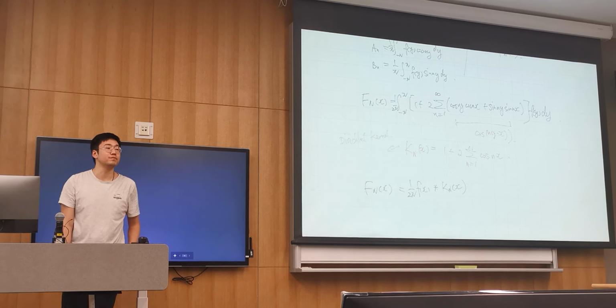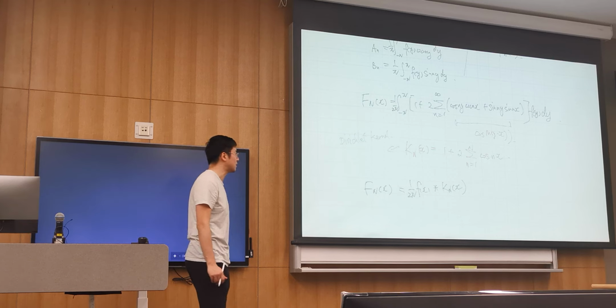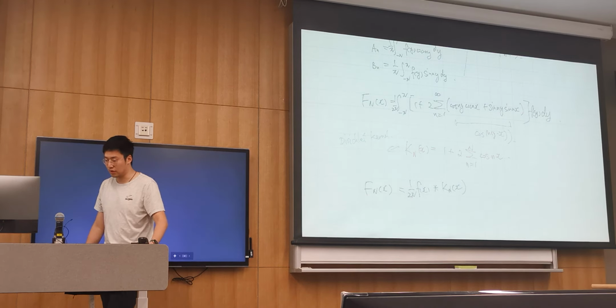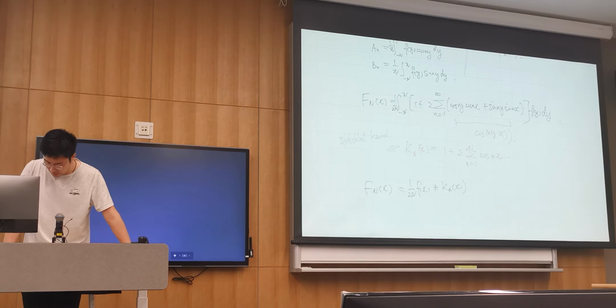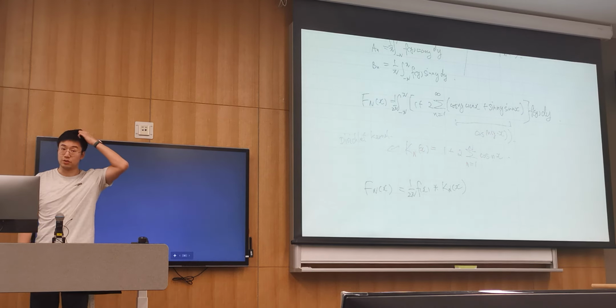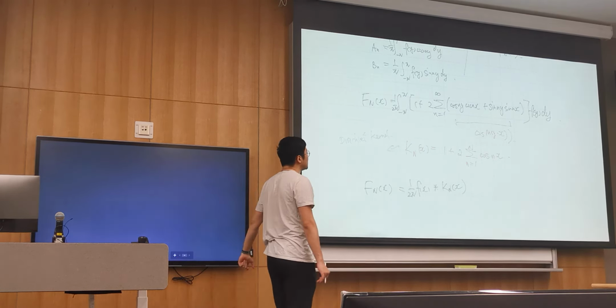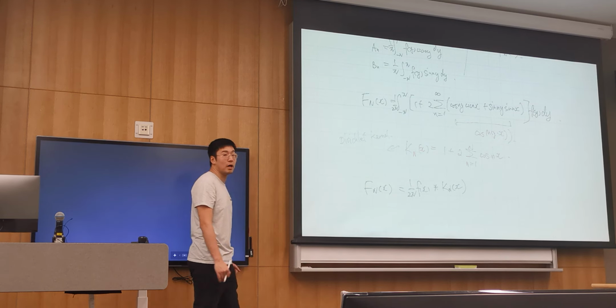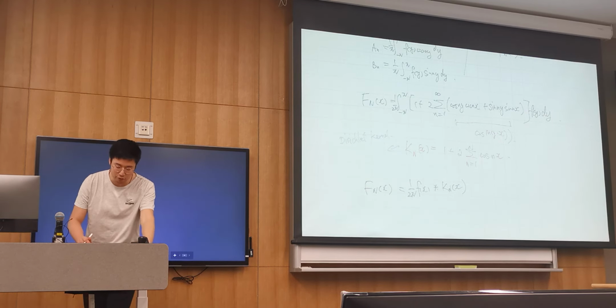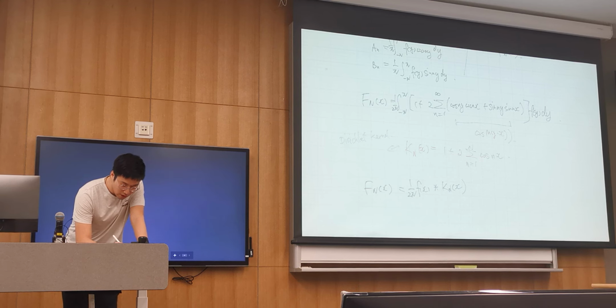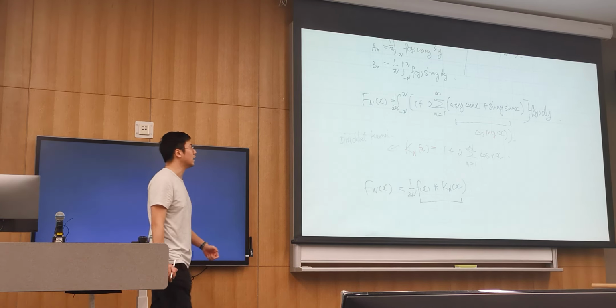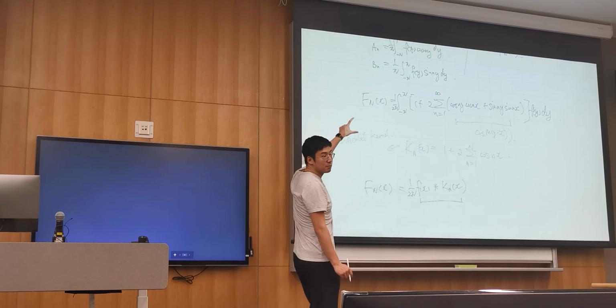Yes, this is the same Dirichlet that we have been talking about. K_N is the famous Dirichlet kernel. Again, it's a kernel function defined on negative pi to pi, and therefore this convolution is considered only on negative pi to pi.